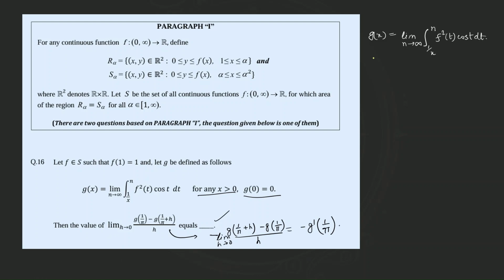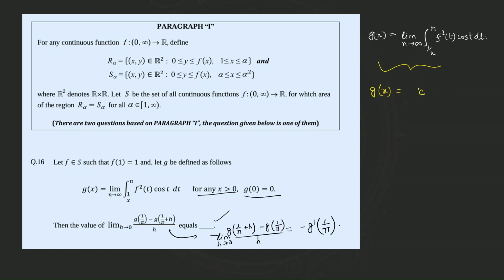Now how to find this? We can apply the Leibniz rule. But how can we apply the Leibniz rule on this infinite limit? This limit is tending to infinity. So we can do a trick here: we can split this integral into two parts. We pick some x greater than pi, and take this point as some constant.